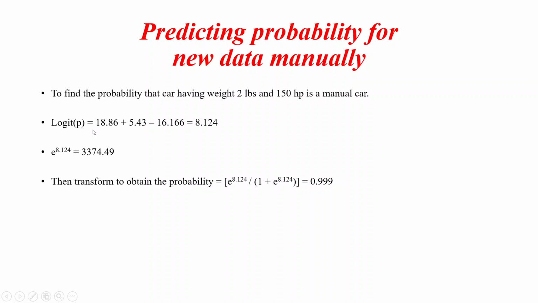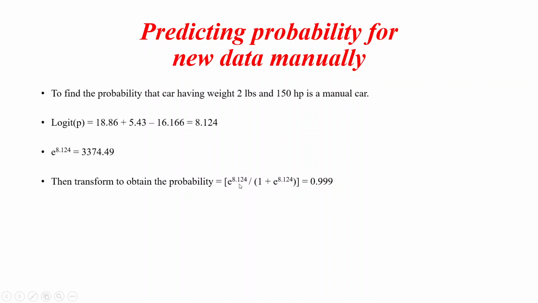If I take e raised to 8.124, I get the value 3374.49. Now when I convert this into the probability, that is e raised to 8.124 upon 1 plus e raised to 8.124, I am getting 0.999. It means there is a clear-cut probability that this car will be manual, right? It's a 100% chance that the car will be manual.